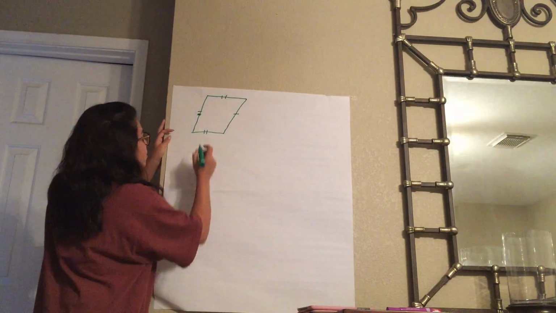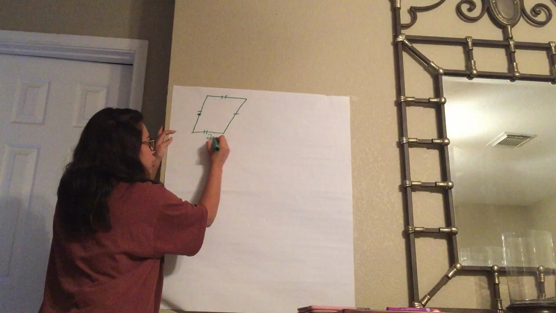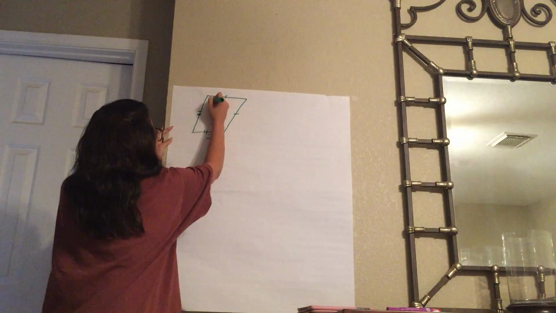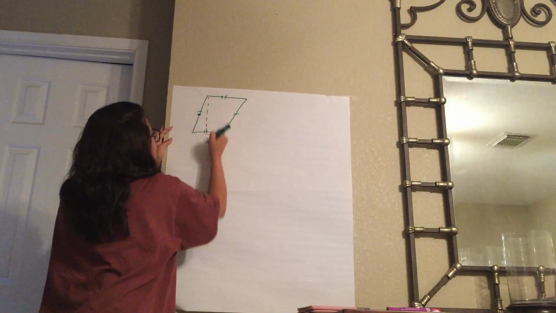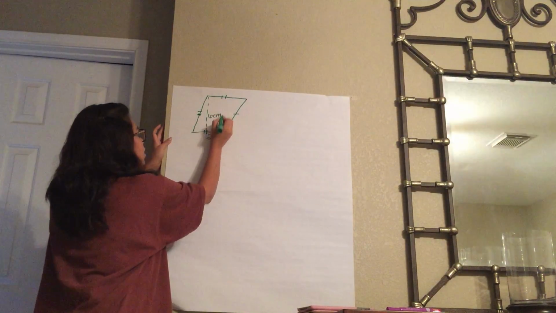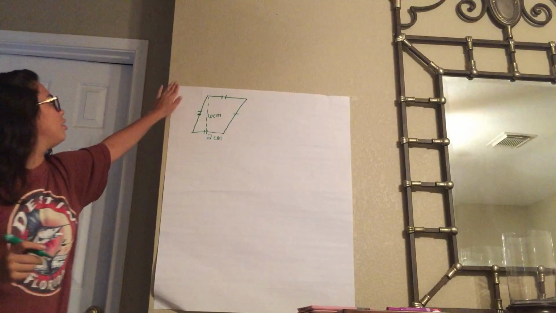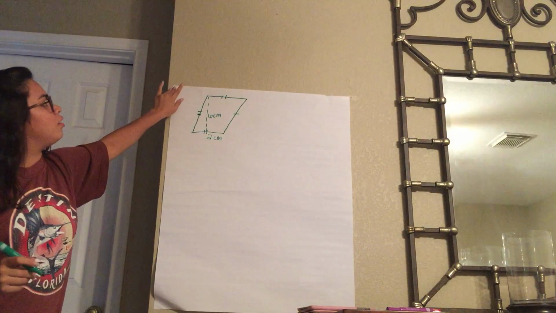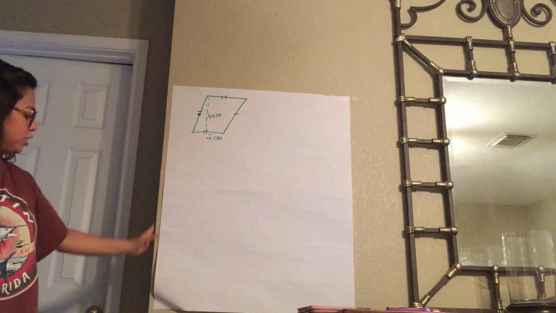And the base for this one is going to be 2 centimeters. And then the height is going to be 6 centimeters. So if y'all just want to try that one out, and then I'll walk around and we can get back to it.